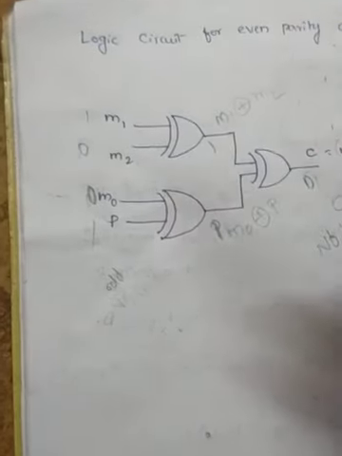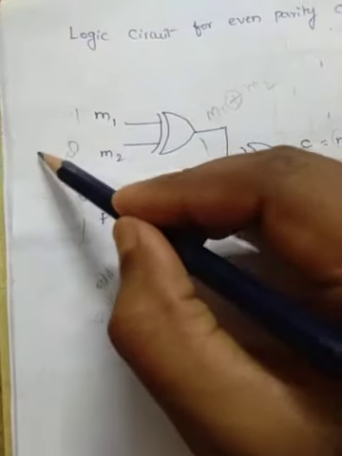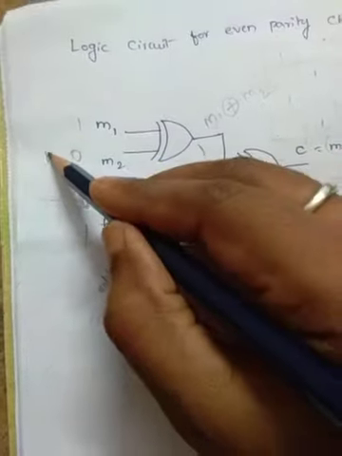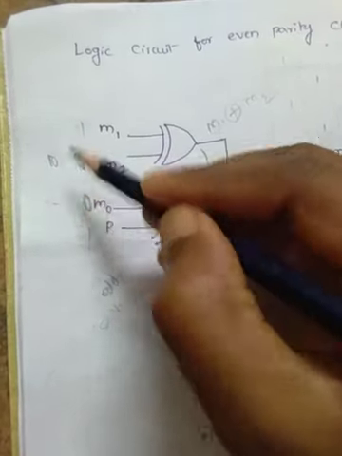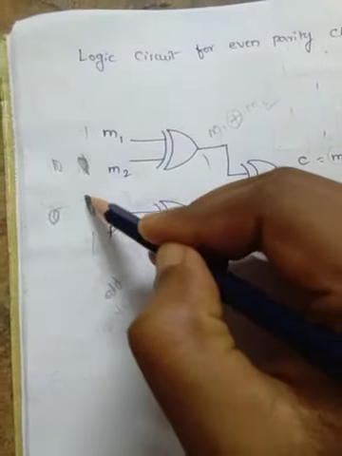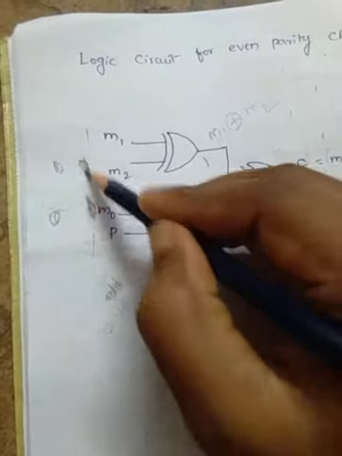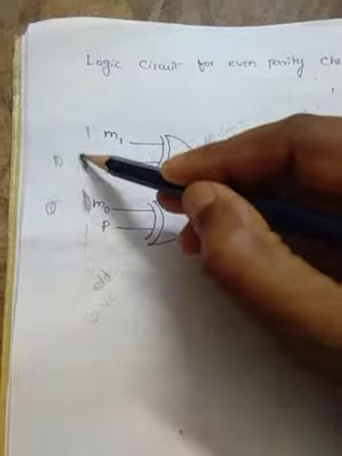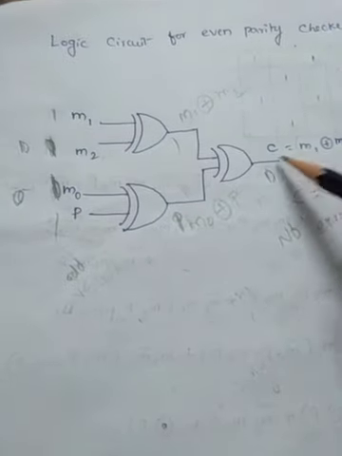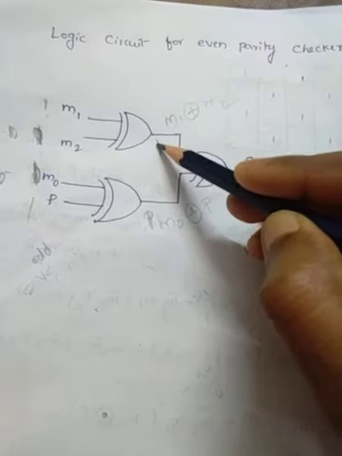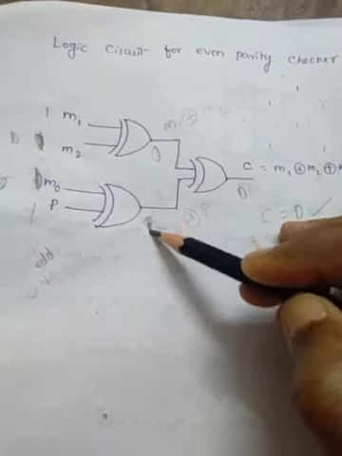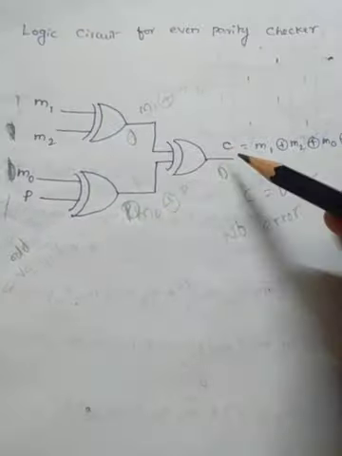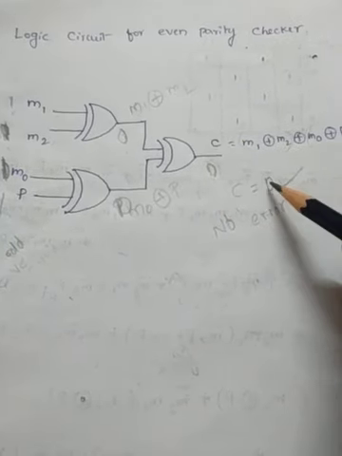For example, due to noise, this 0 becomes 1 and this 0 also becomes 1. So there are two errors. Let us see what the check bit is for this case. 1 1 gives 0, and 1 1 gives 0, so for 0 0, C is equal to 0.